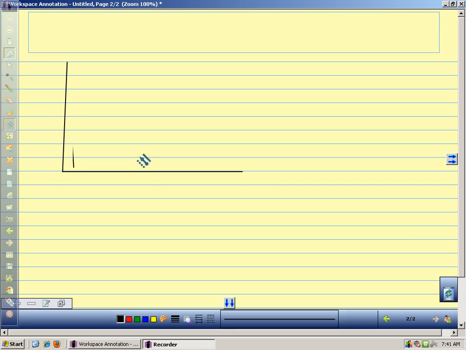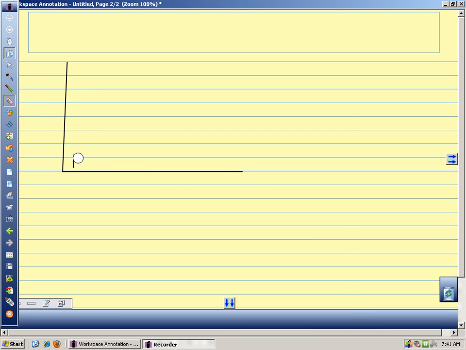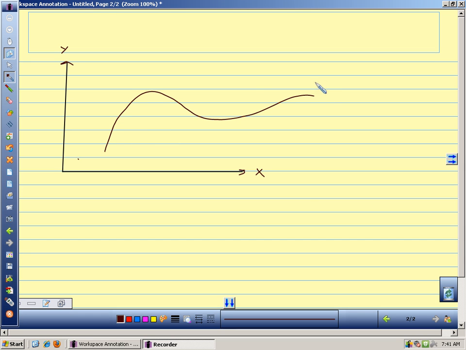So here are our axes, and we have some curve in the plane. We're starting at P sub 0, and we're going all the way out to P sub n.